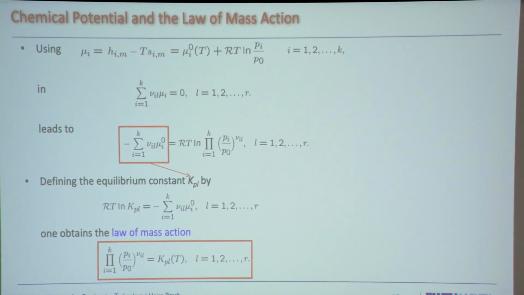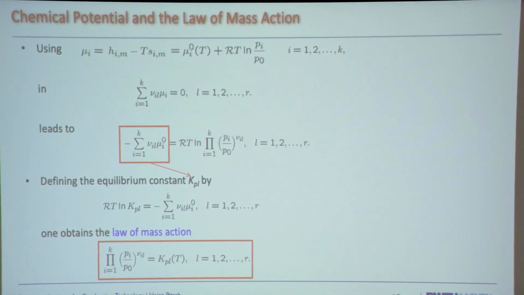The product of all the partial pressures, raised to the nu's power, where nu is positive for the products and negative for the reactants, is a ratio of the partial pressures of the products divided by the reactants. So that gives you a condition for the composition of the mixture in chemical equilibrium.